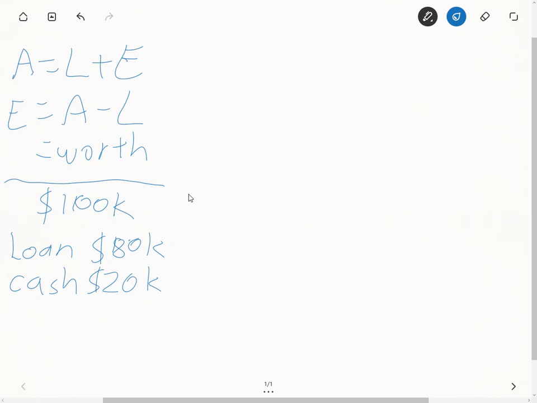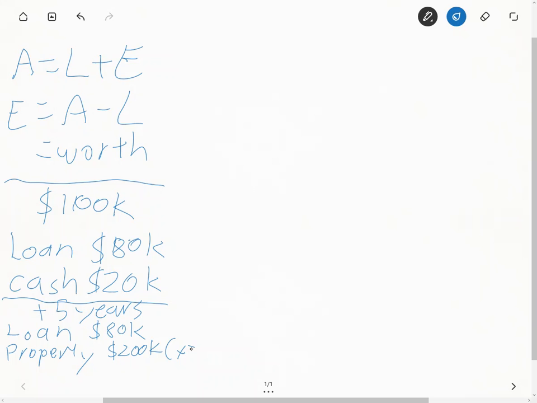So for argument's sake, let's say that in 5 years, and I'm just making up numbers here, guys, in theory you would have paid part of the loan down, but you would have done that with your own cash. So let's keep the example simple and say that our loan is still $80,000, but the property is now worth $200,000 because it's doubled in value in 5 years.